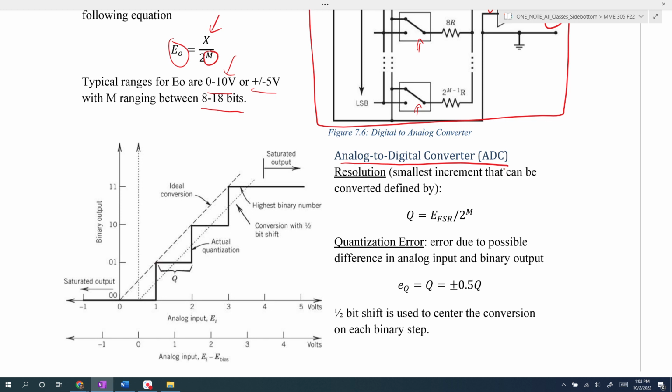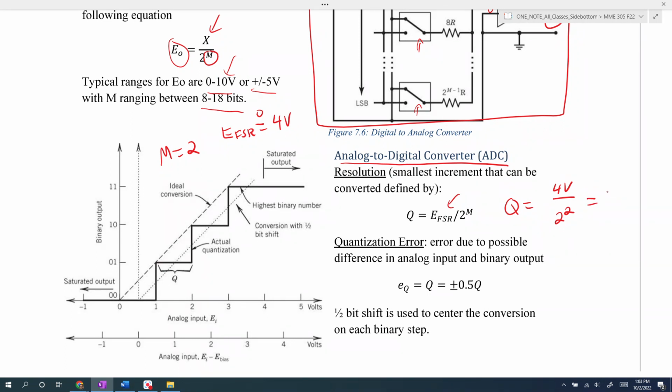For example, if we have a 2-bit analog to digital converter shown in this figure, with a range between 0 and 4 volts, its resolution would be 4 volts, the voltage across the full scale range, divided by 2 to the number of bits, which is 2.